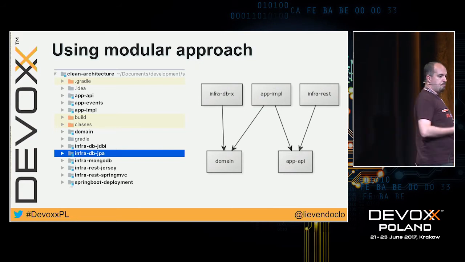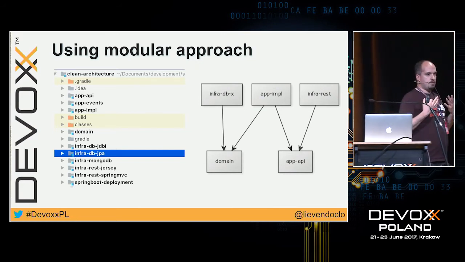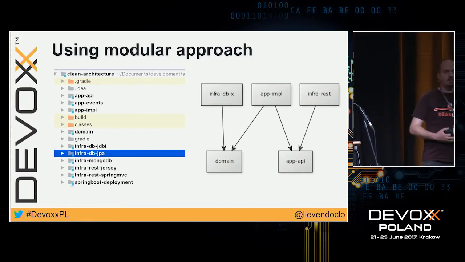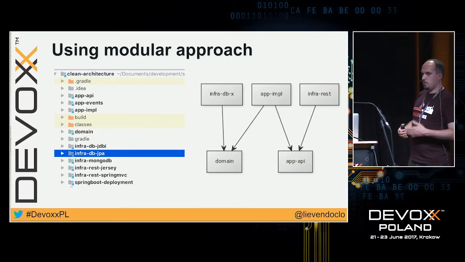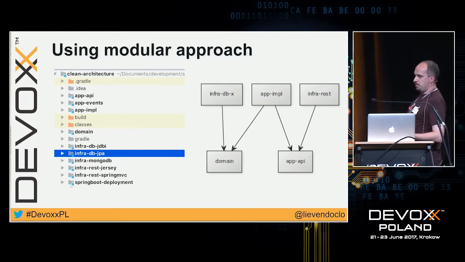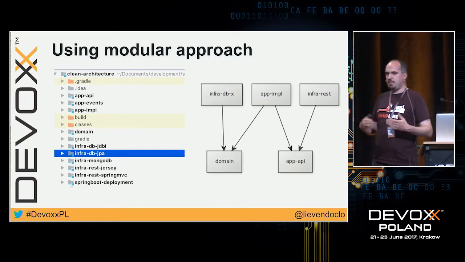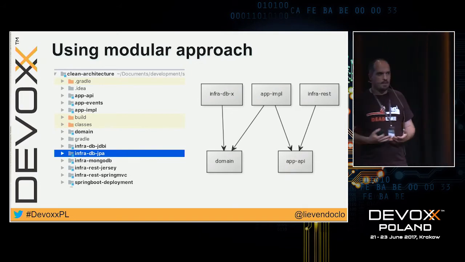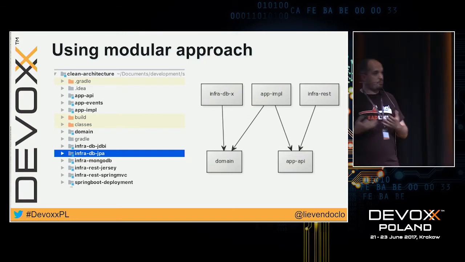What is very important is that you try to limit the dependencies in your application API and in your domain. You try to limit the fact that you want to use Spring or something else. So for example, in my code examples, I'm using @Named and @Transactional, which are javax annotations, which are compatible with CDI, with Guice, and with Spring.